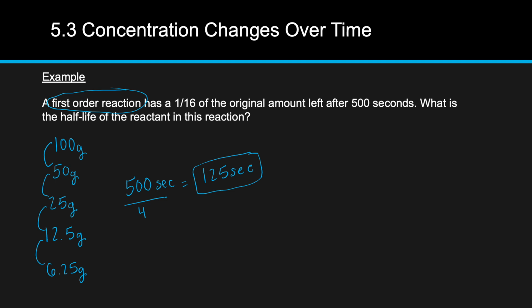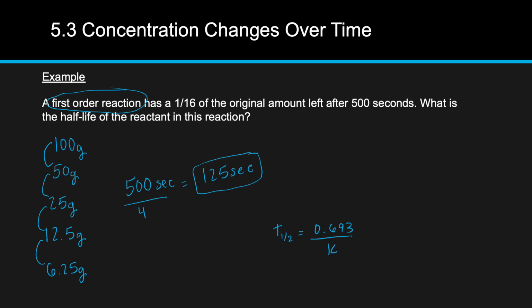So we can also use the first order y equals mx plus b in order to solve for the k value. And then remember, half-life is equal to 0.693 over k. So once we solve for that rate law, we can plug it into that in order to solve for our half-life.